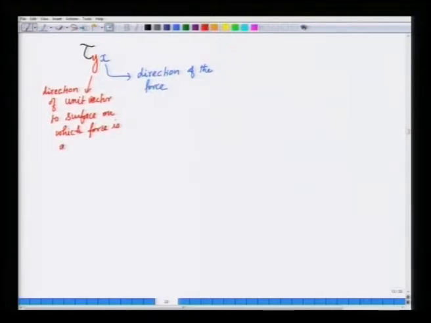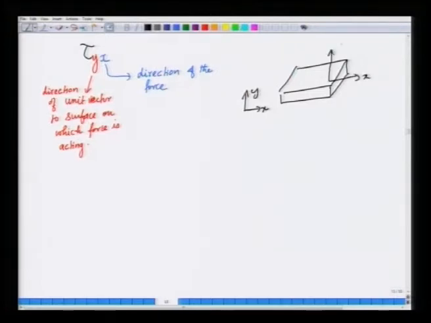Now, in our example, we took this slab and the force was in the x direction, and the direction of the unit normal is in the plus y direction, which is traditionally denoted by the unit vector j.